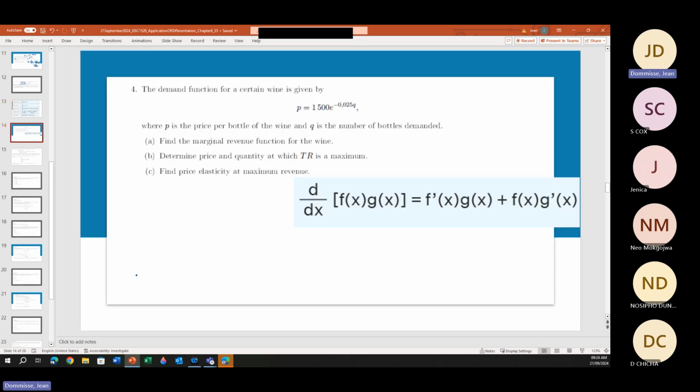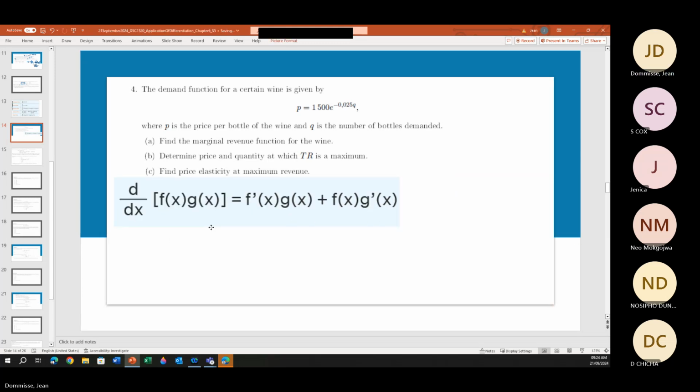Okay, so here we have one that's a bit different. And again, we're going to first try and do the marginal revenue. You can see this is a function within a function.